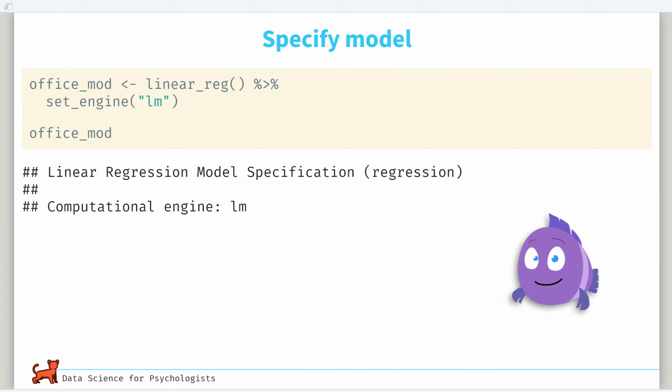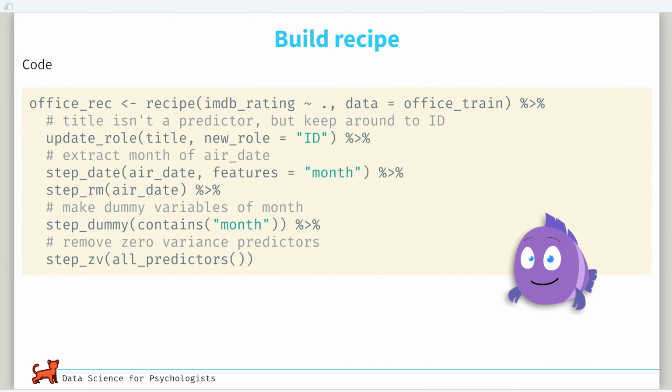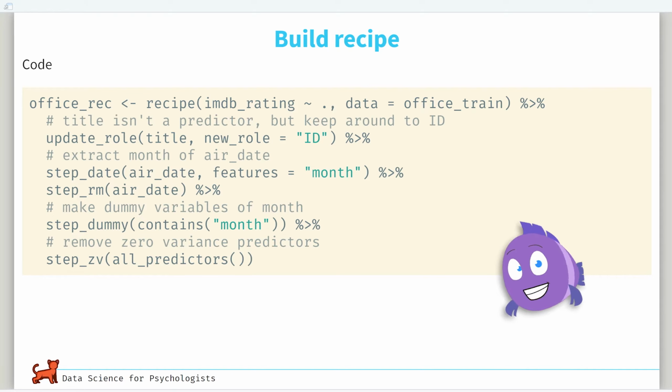We don't have anything in it right now. But let's start by actually building a recipe, which is fairly helpful, I find, for doing any kind of cross validation, or we'll get to bootstrapping soon. So here's our nice basic recipe code.